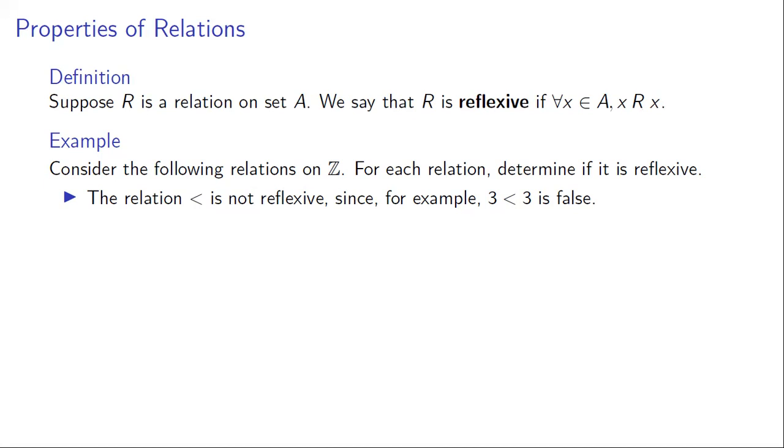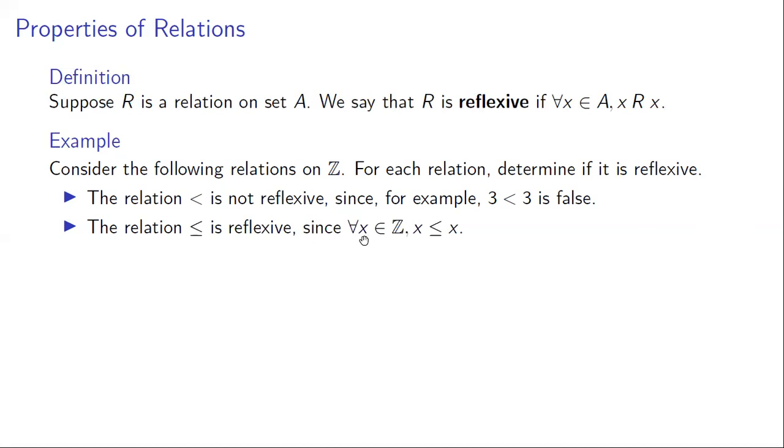Let's consider another relation. How about the relation less than or equal to? That's again a relation on the set of all integers. It tells you whether or not one integer is less than or equal to another integer. So is this relation reflexive? It is. Why?